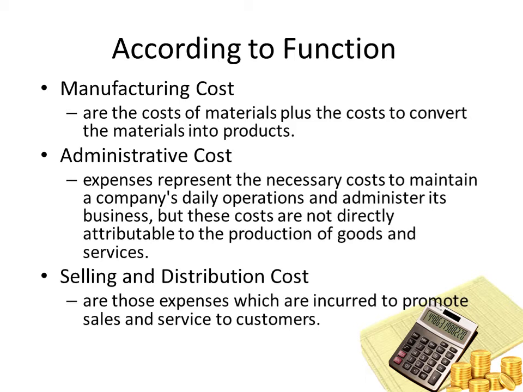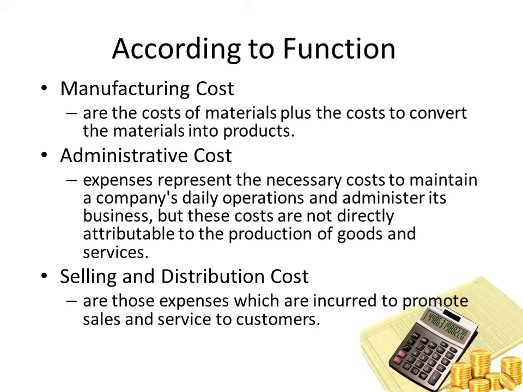While selling and distribution costs are expenses incurred to promote sales and service to customers. So anything about selling and distribution, like our promotion, our freight out, we call this distribution because we are now bringing the product to our clients. That's why it is also called selling or distribution.